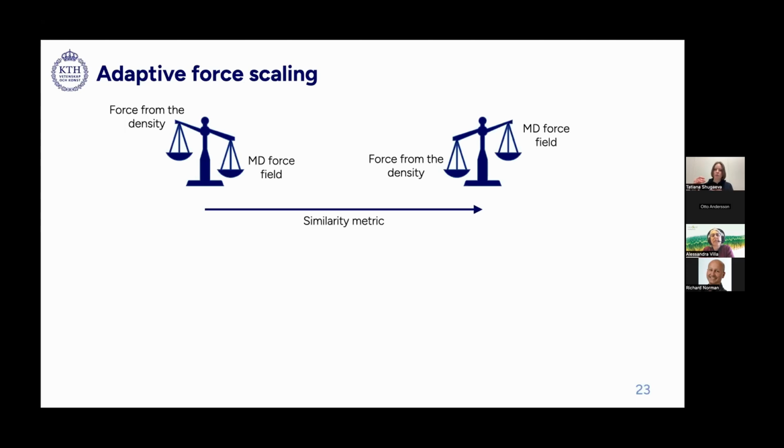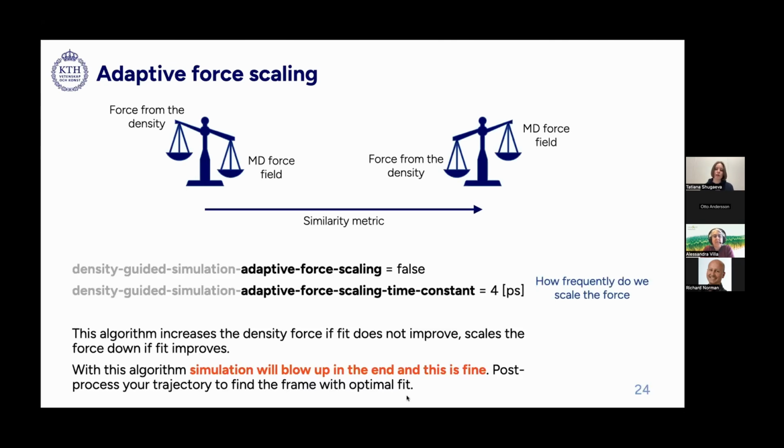If it increases, it means that everything goes well and we can increase force from the density a bit more. If the similarity does not increase, that means that maybe we need to sample this conformational region a bit more before pushing forward. So we wait and increase force from the density only when similarity starts rising. For me, it always sounds a bit counterintuitive, but I actually really like it. I tried it and I think it works pretty well.